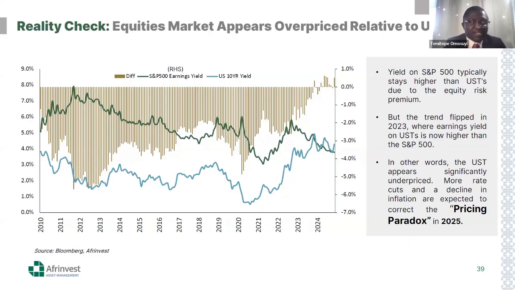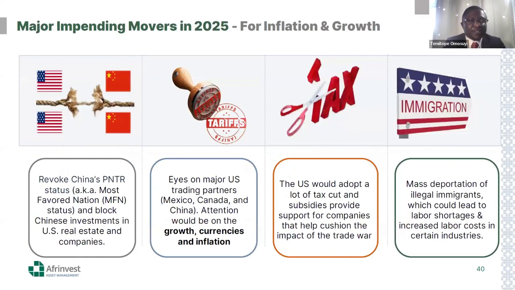We know that there's the conversation about a trade war. We are also abreast of the fact that tariffs would be imposed on many trading partners of the US, and Raymond alluded to some of them. We've seen some announcements on Canada, Mexico, and a lot of impending ones that would be placed on China.